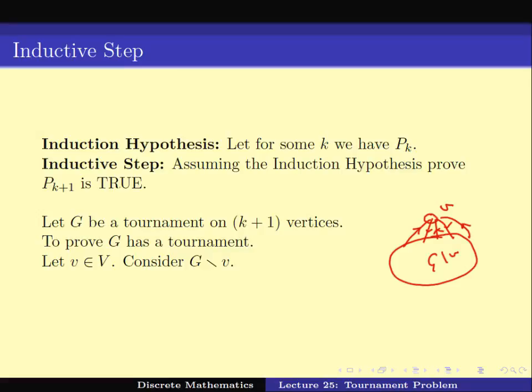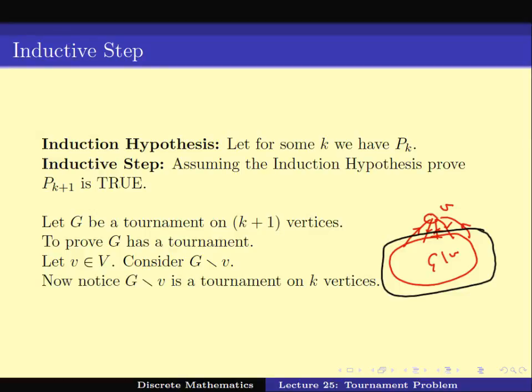Now, one thing to note is that this graph G minus V is in fact a tournament on k vertices. The original graph G was a tournament on k plus 1 vertices. I have removed one vertex, so the number of vertices in G minus V is k. And why is G minus V a tournament? Because between any two vertices in G minus V, there must be an edge directed in one of the two ways.